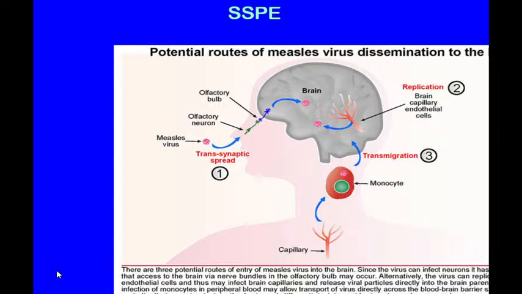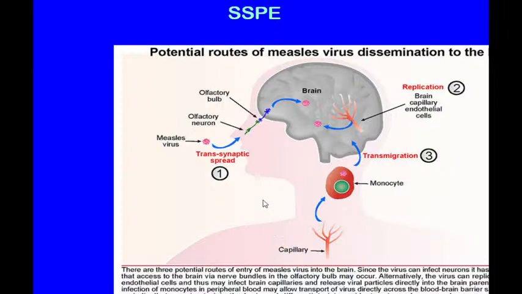But then it appears that this virus may reach the brain during dissemination in the body through three pathways, or three potential routes how measles virus may get into the brain.